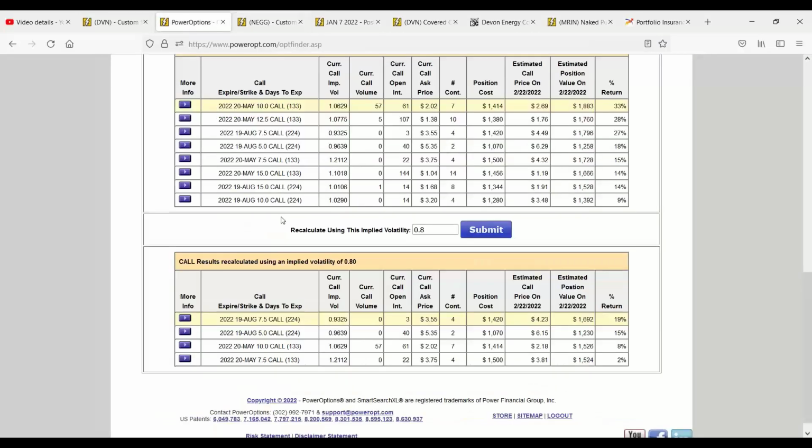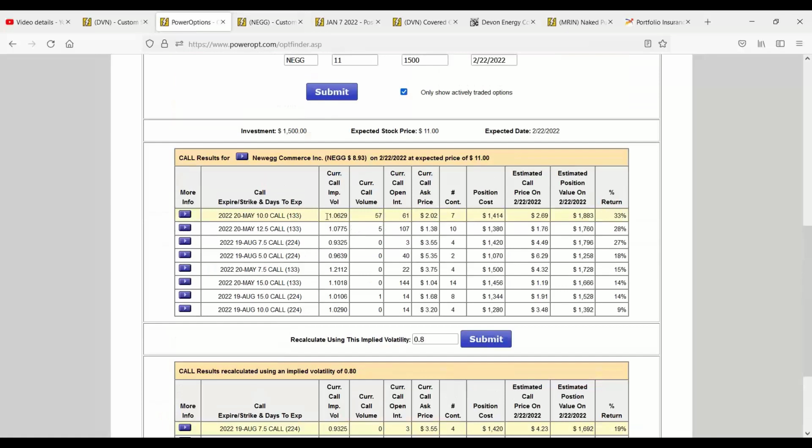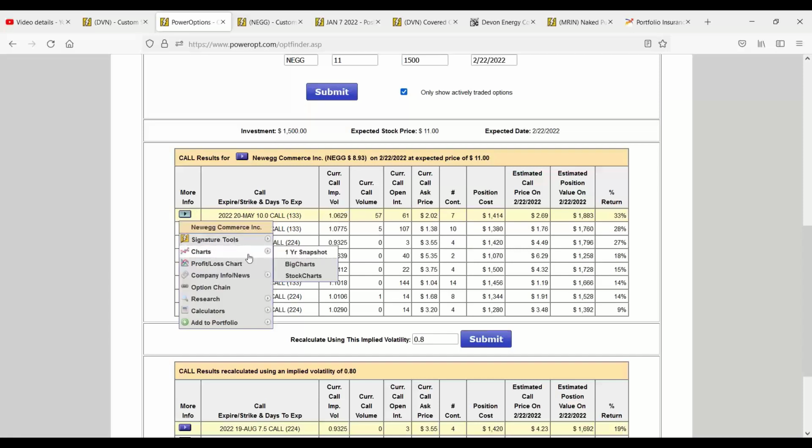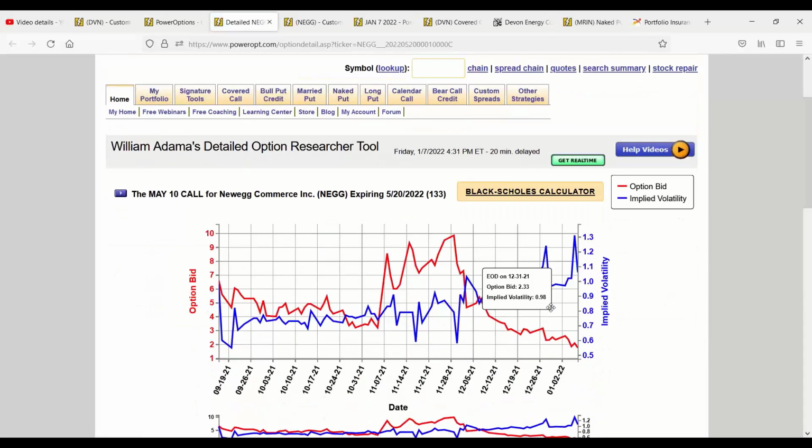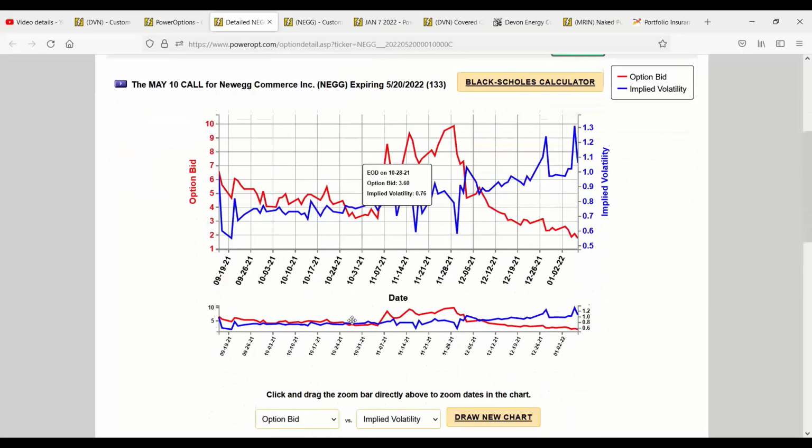So again, when using the long option finder and you want to evaluate how much an implied volatility shift would hurt your position, go first to the option research tool. Once you see the long calls or long puts that match, giving you the best bang for your buck based on your target for the stock and your target date, go to that option research tool and take a look at the implied volatility range.